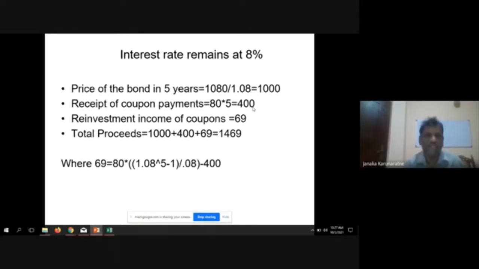Then these coupons you will reinvest at an interest rate of 8%, because that is the market interest rate. So if you use the compounding formula, the coupon value would be 1.08 to the power 5 minus 1, divided by 0.08, times 80, minus 400.